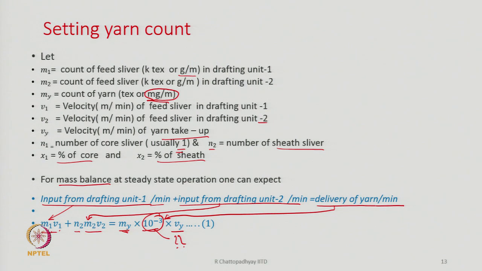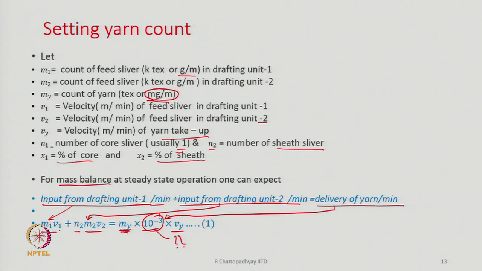So, on the right hand side you also have to have the same unit. So, you have to go for gram unit. So, milligram per meter should be converted to gram. So, we have to divide it by 1000. That is why it is 10 to the power minus 3.